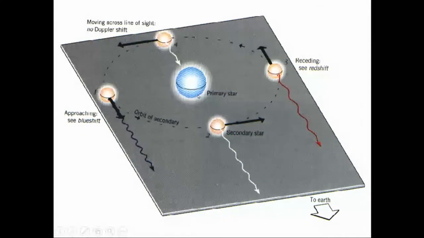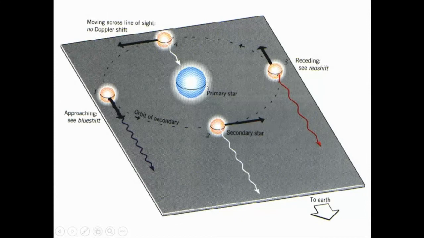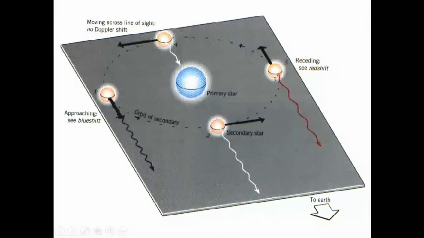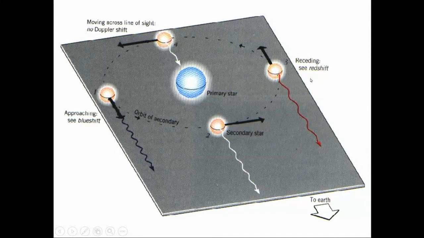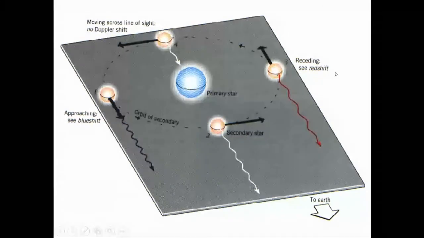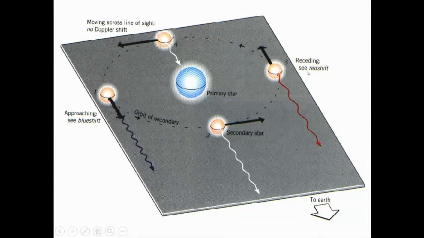So for example, you see in this cartoon here, that's the primary star, and that's the secondary star. As you can see here, we put red color when the star is receding, that means moving away. We'll see a shift to a higher wavelength, and we call that redshift. And when they are approaching, we see what we call a blueshift.